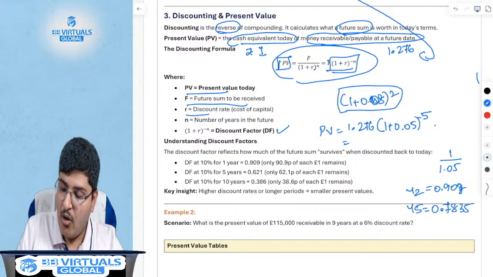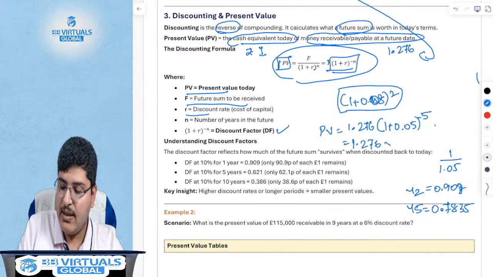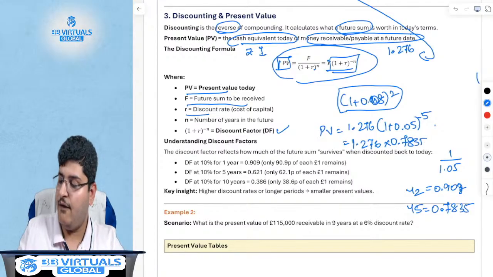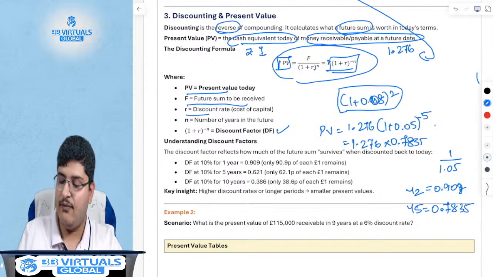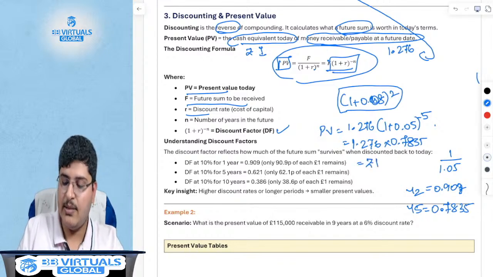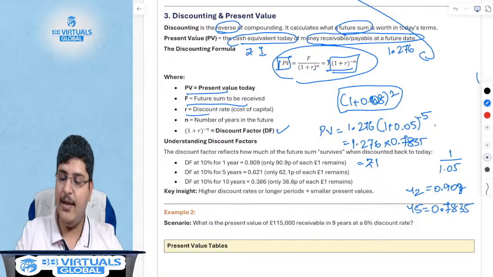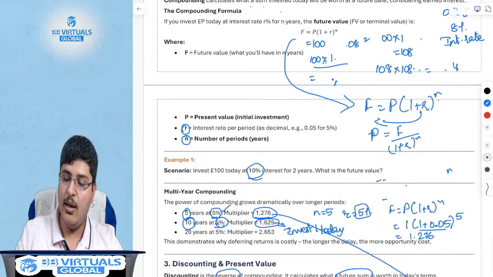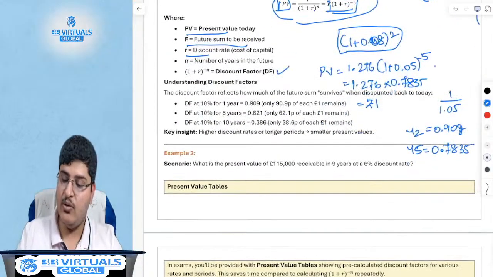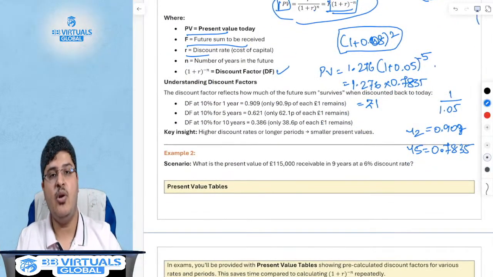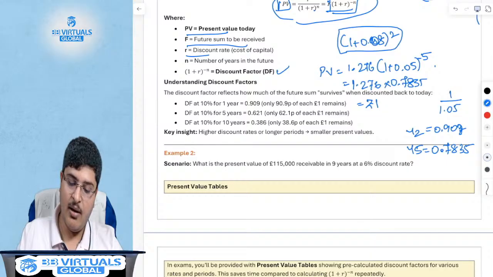And if you now multiply 1.276 into 0.7835, then the answer will be nothing but rupees 1. It is exactly the reverse of what we did over here, where we took 1 rupee today and multiplied to reach a future value of 1.276. You just have to bring back the 1.276 to rupee one today.